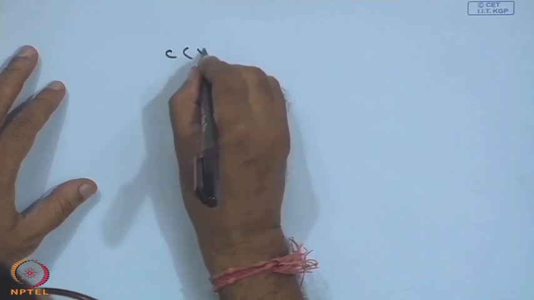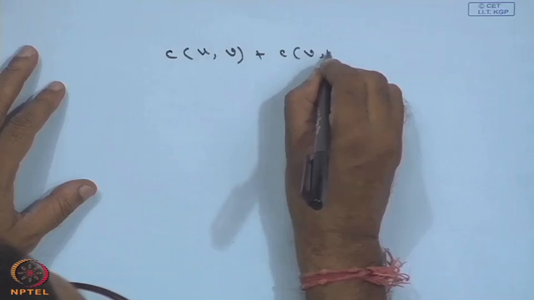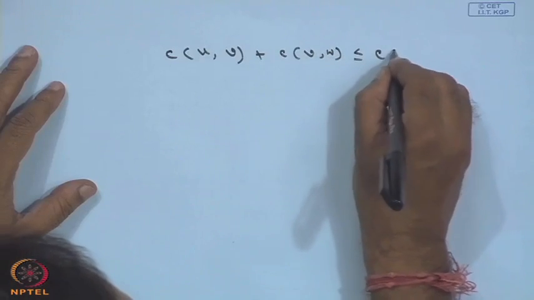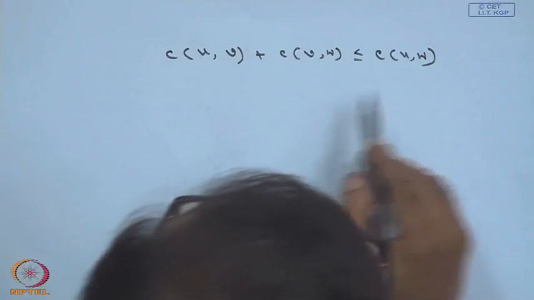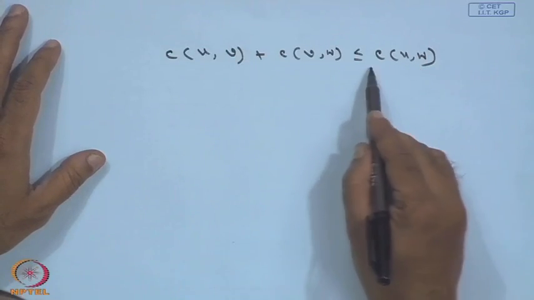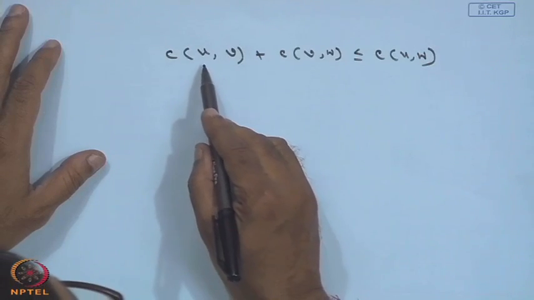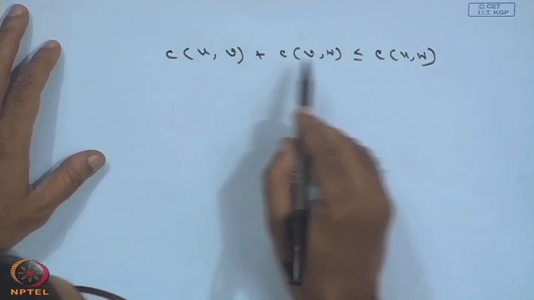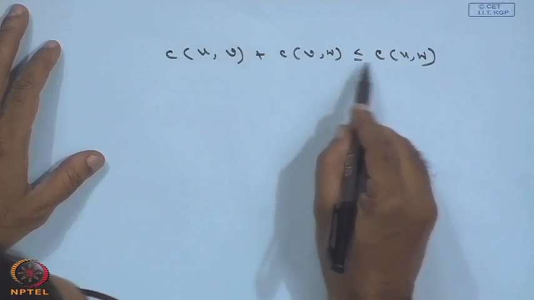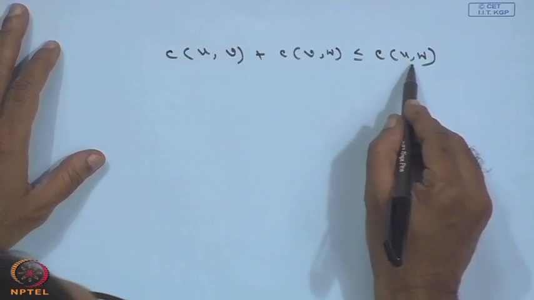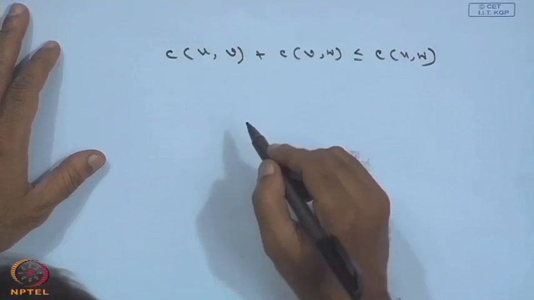That is, whenever I want to move from u to w, you can move directly, or you can use some other path, from u to v and from v to w. But in that case, the cost of both should be related to the original cost, that is, if you move directly, the cost always should be less than or equal.